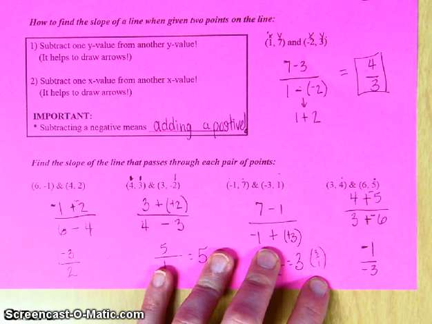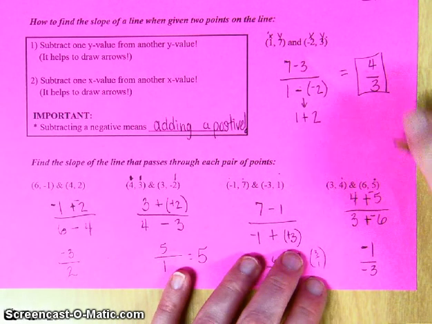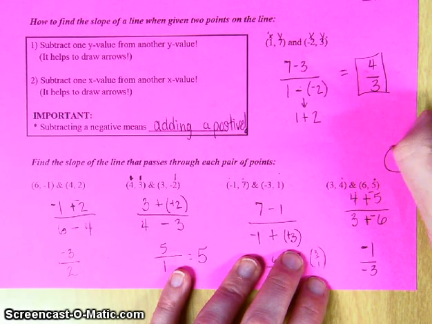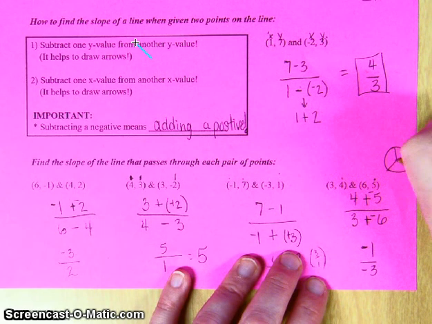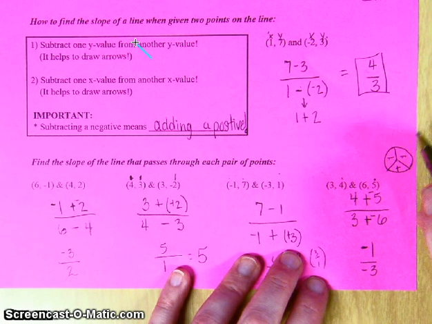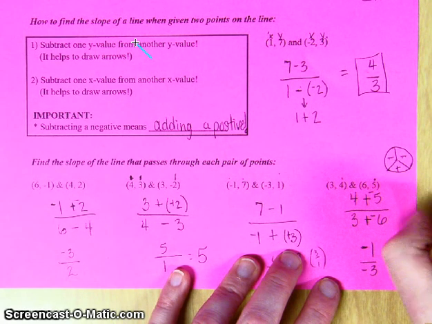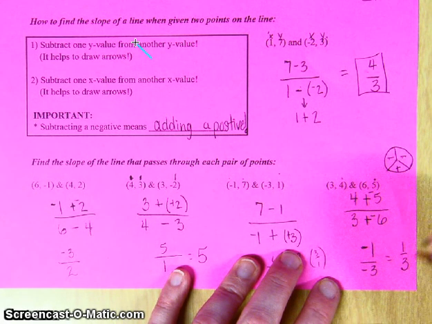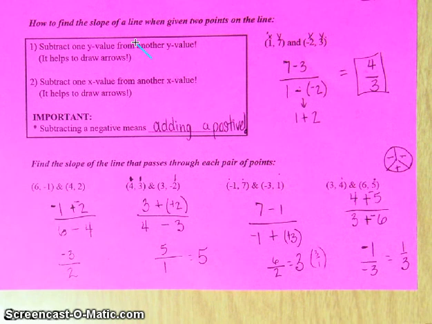That is negative 3. Now, if you will refer back to what we learned when we did integers, if you multiply two negatives, you get a positive. If you divide two negatives, you get a positive. So this in simplest form is 1 over 3.